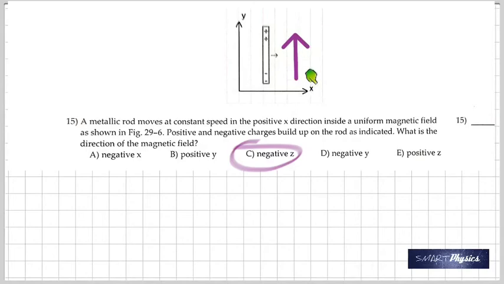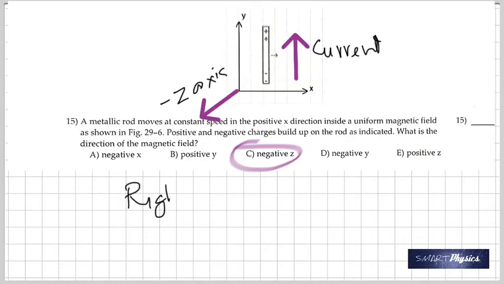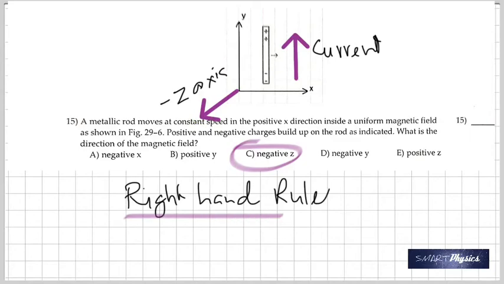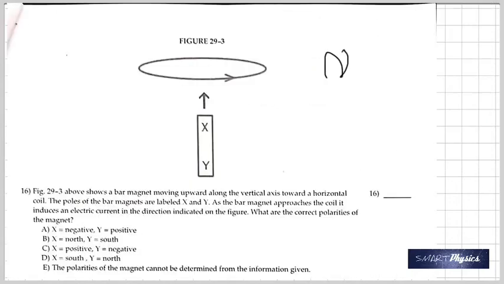So current is up. Now if the current is up, then again by the right hand rule, the magnetic field has to be along this axis, which is the negative x-axis. It's quite difficult to explain this without some kind of a simulation, but hopefully you understood.